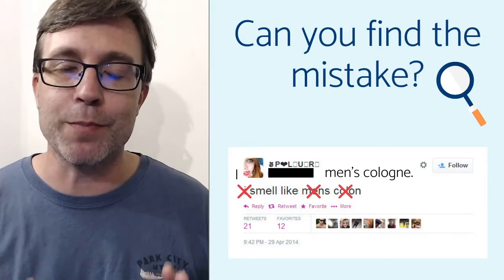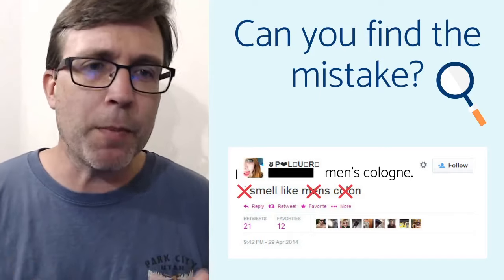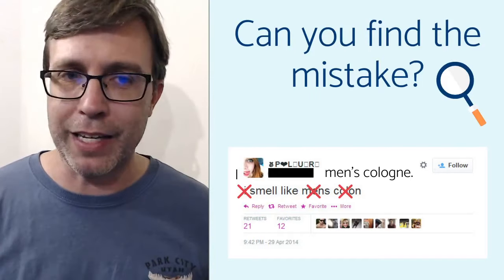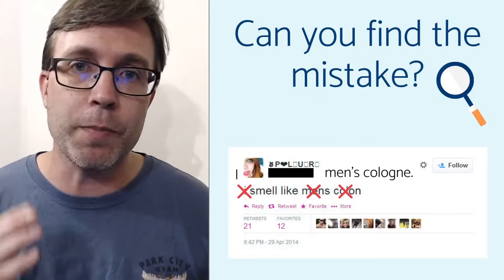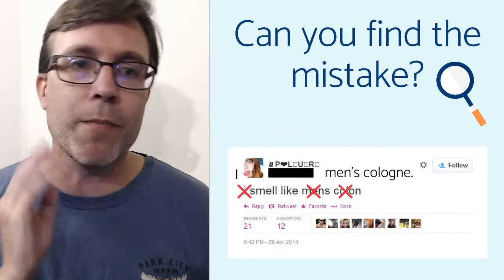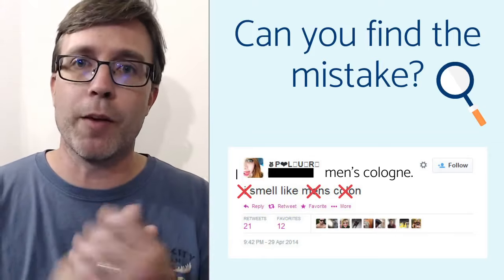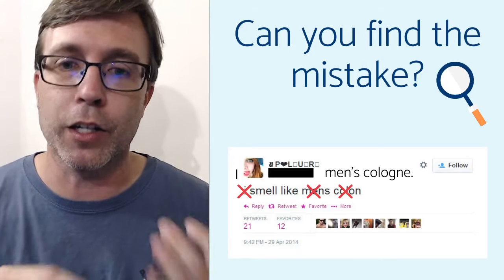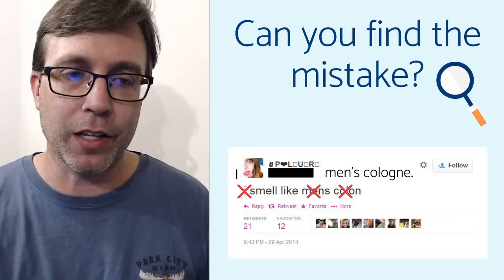That's very different. I can understand why people might make this mistake because the spelling is very different from the pronunciation. Cologne is what men might wear if they want to smell nice. Women would wear perfume, men would wear cologne: C-O-L-O-G-N-E. I smell like men's cologne. And of course, there should be a period at the end.